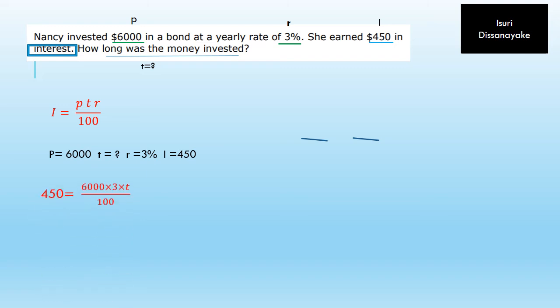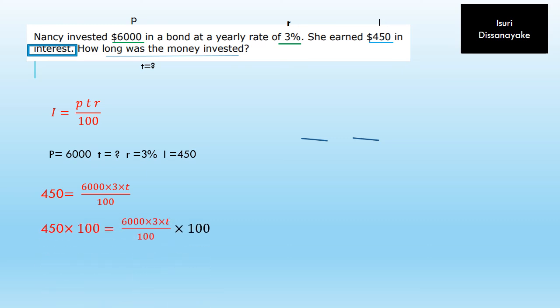Let's substitute the values. So in this case, I is equal to 450. So where you have I, substitute 450. For P, that's 6,000. T is what you're finding, and R is 3 over 100.